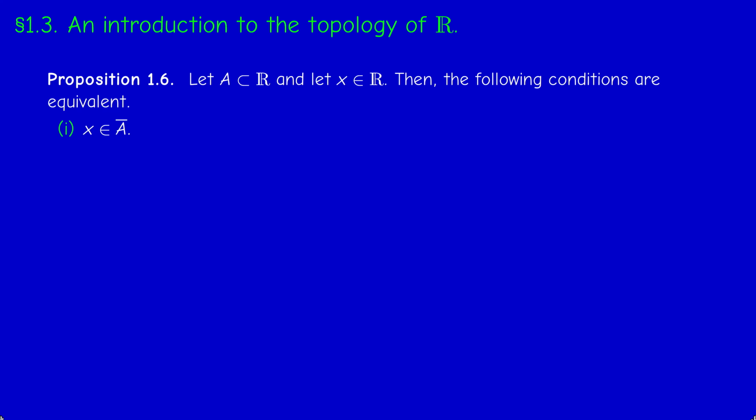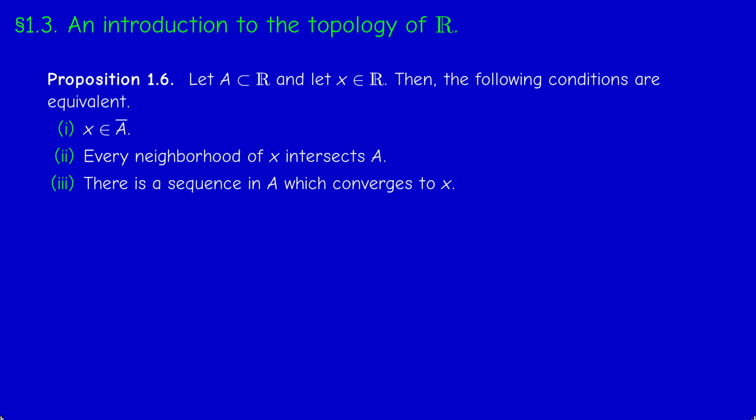The first condition states that x is in A bar, the closure of A, which is by definition the smallest closed set containing A. Second condition, every neighborhood of x meets A, or intersects A. And third condition, there is a sequence in A converging to x. So these 3 conditions are equivalent.